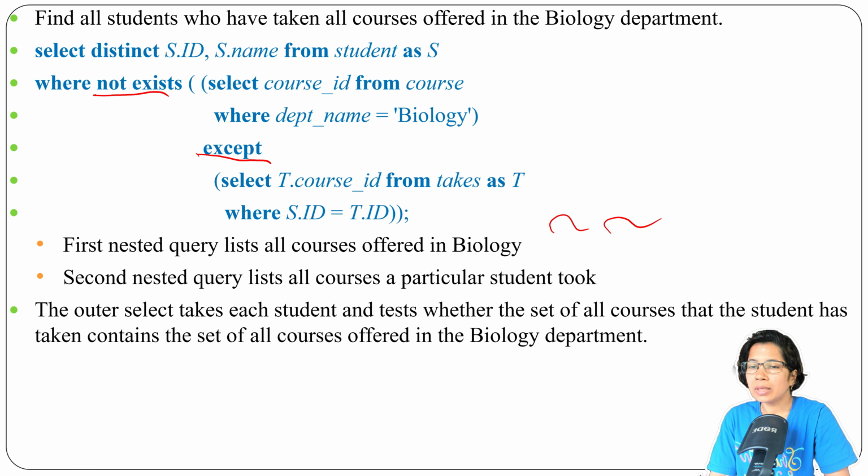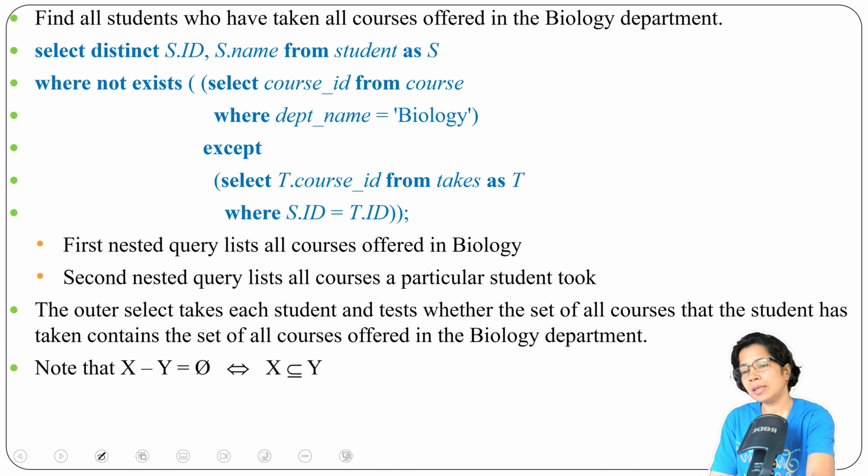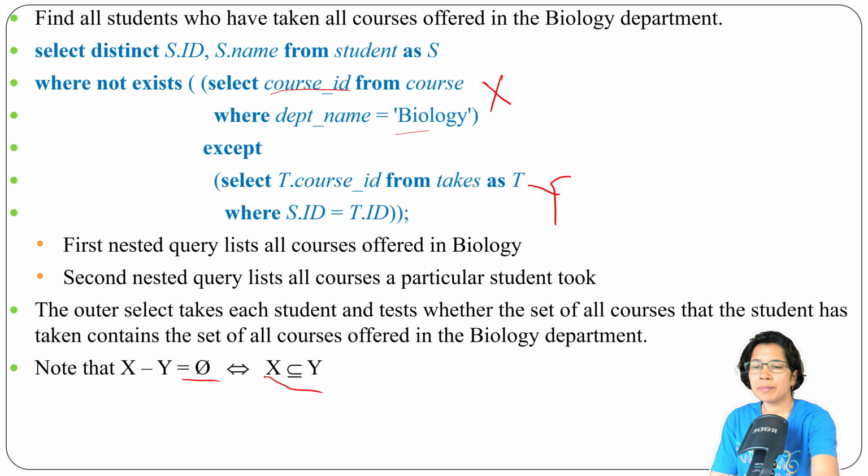So it will show all the students who have taken the courses in the biology department. If X minus Y equals empty, that means X is a subset of Y. Here let this be X, this be Y. It will give all the courses from the biology department. Actually Y is the superset, X is a subset of Y.